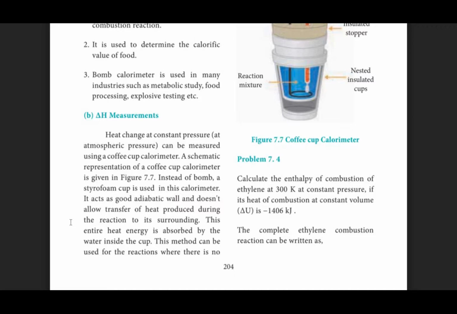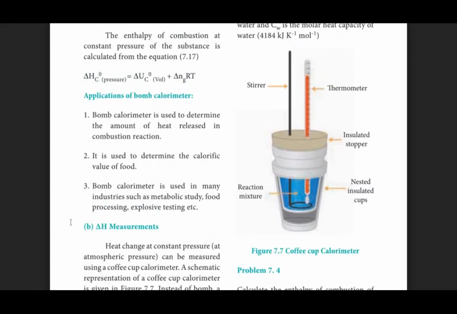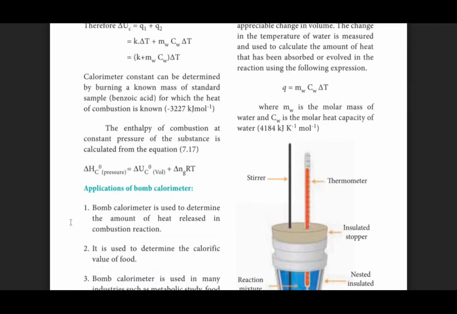It acts as a good adiabatic wall. Adiabatic means there will not be any heat exchange. This entire heat energy is absorbed by the water inside the cup. This method can be used for reactions where there is no appreciable change in volume.